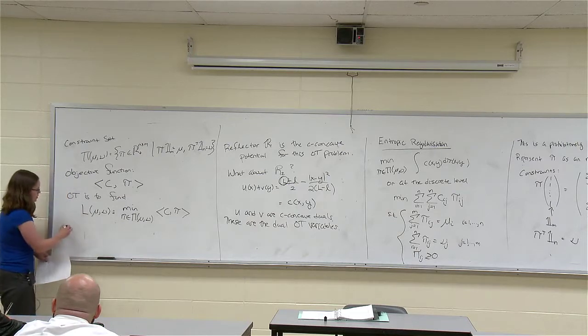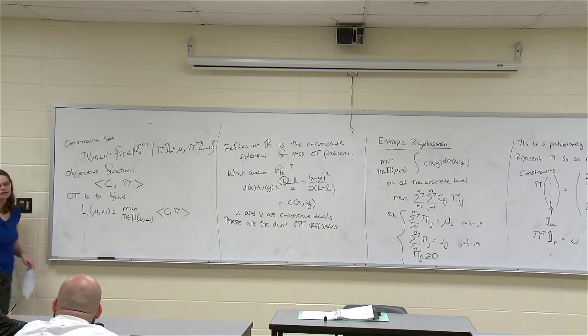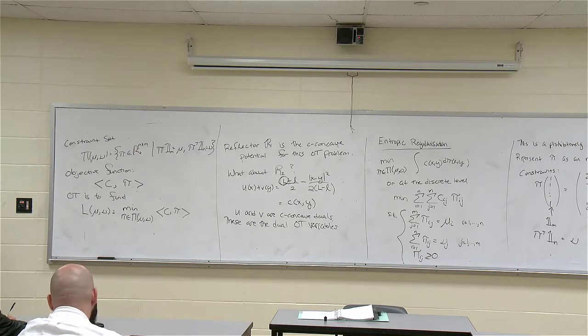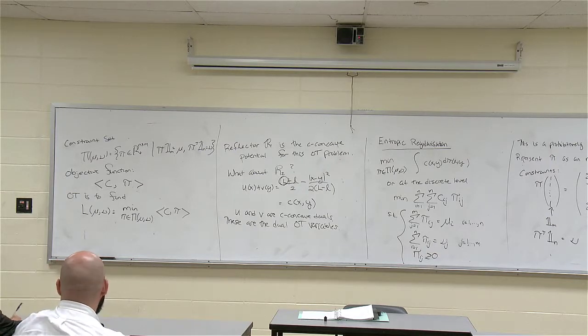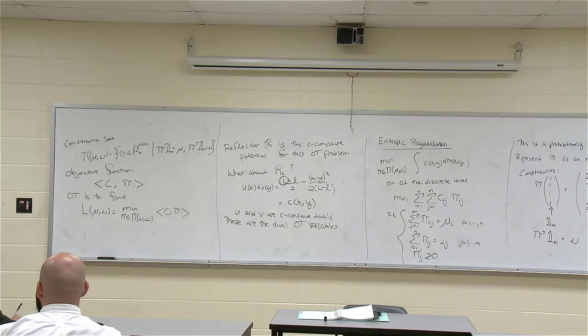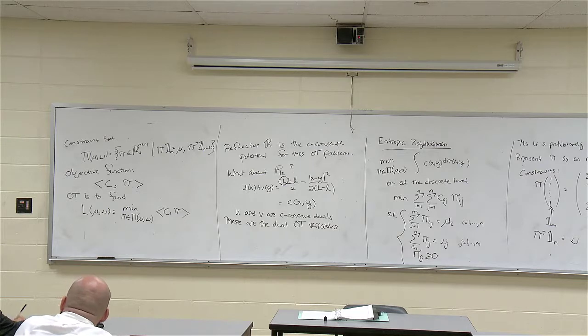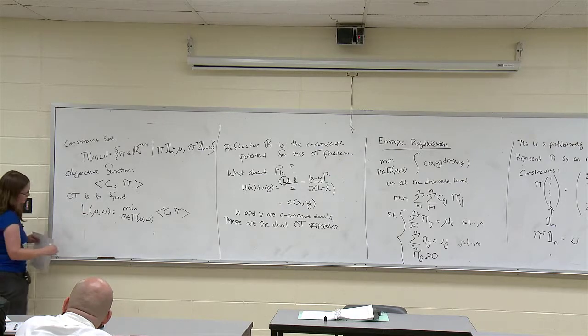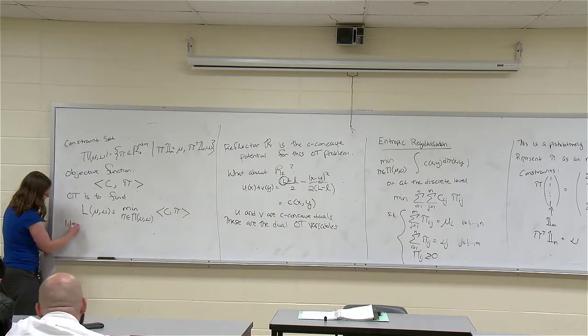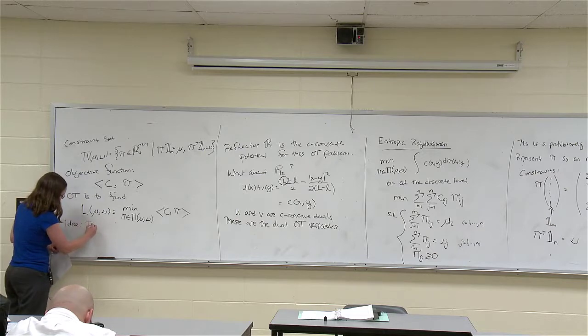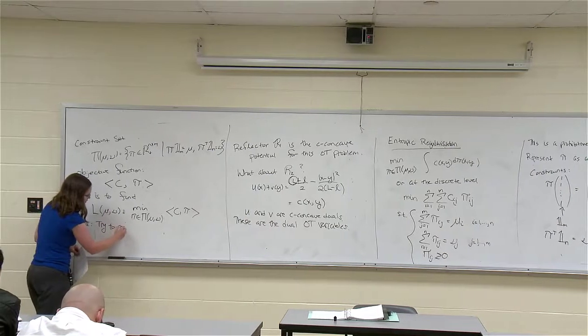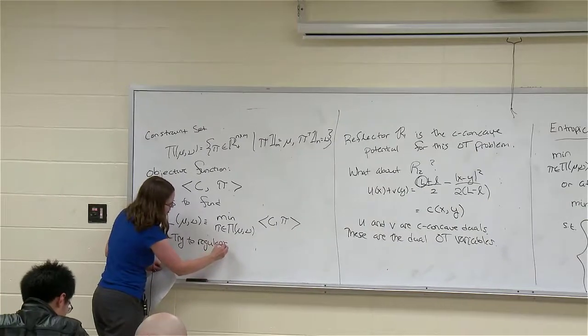But this is hard. One idea with hard problems in math that we do all the time is to say, let's try to regularize the problem. Let's add a term that smooths out all the nastiness, and then maybe we have something that's easier to solve. We do that all over the place. Can we try to regularize and create a problem that's easier to solve?